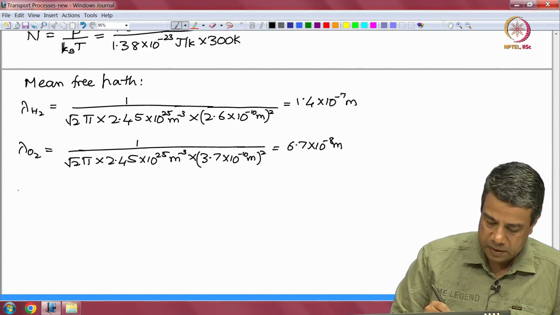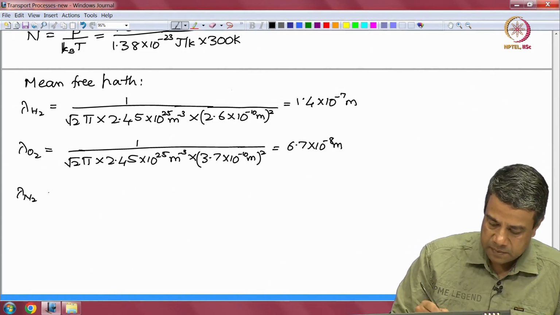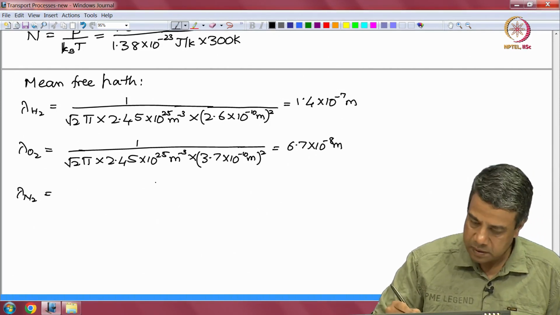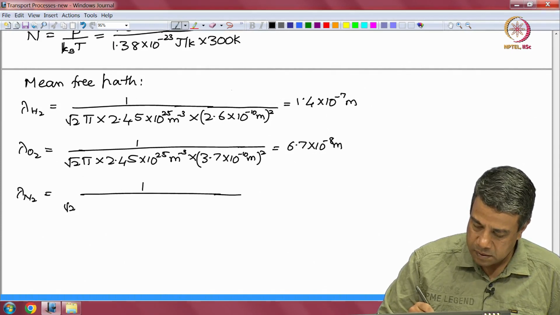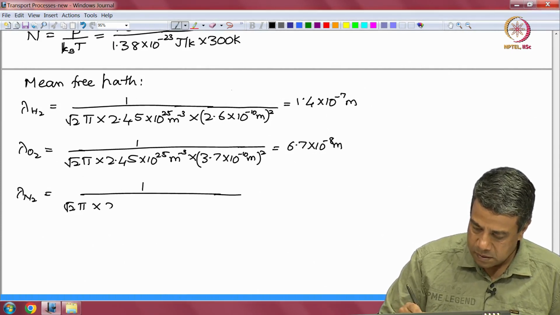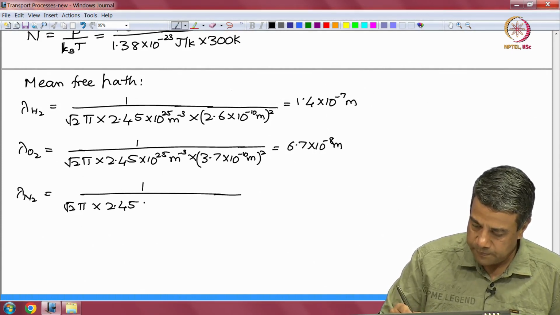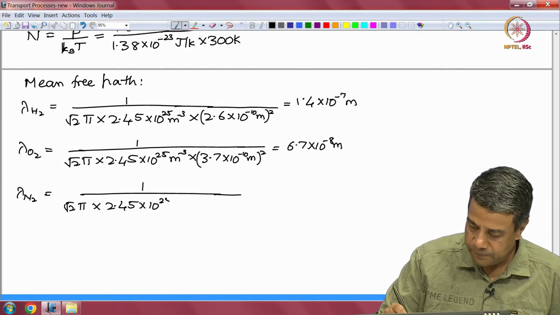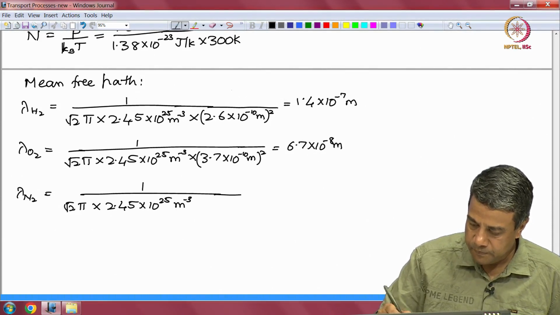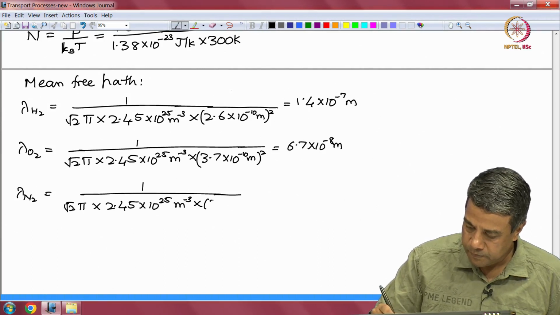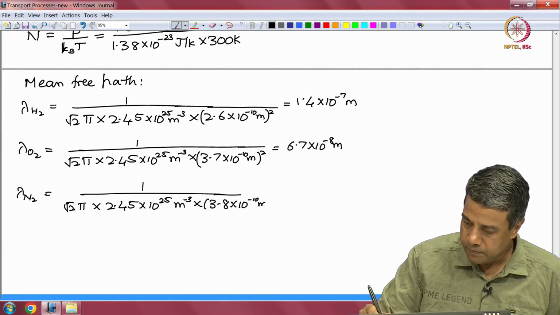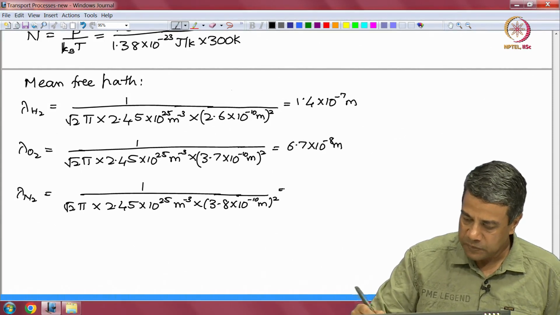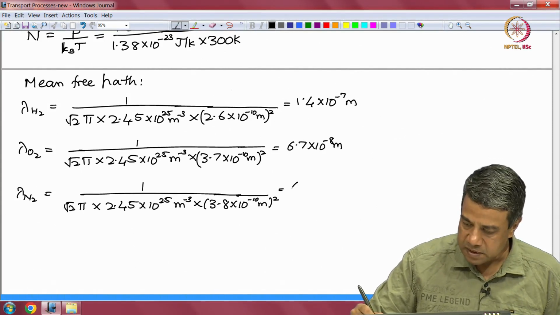Similarly, for the nitrogen, this turns out to be 6.4.